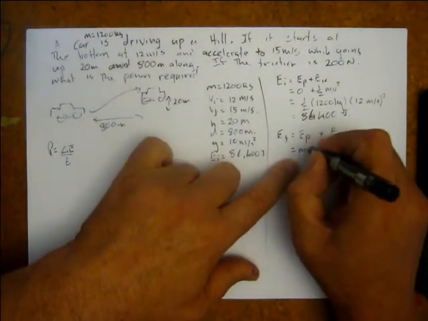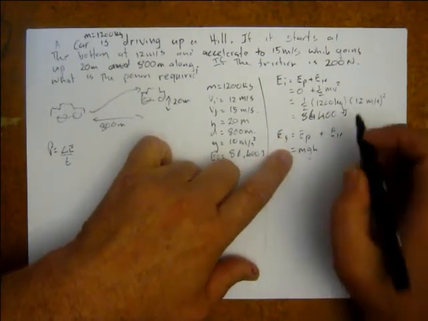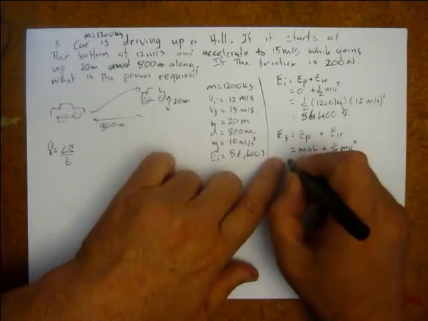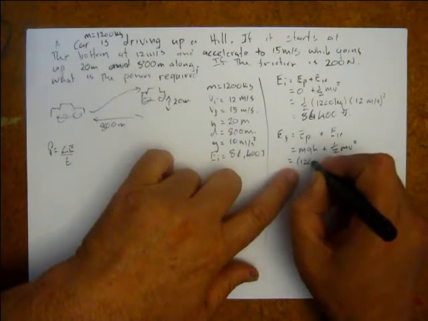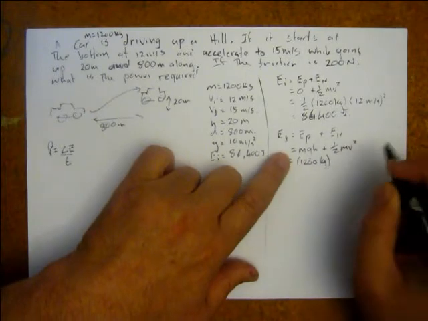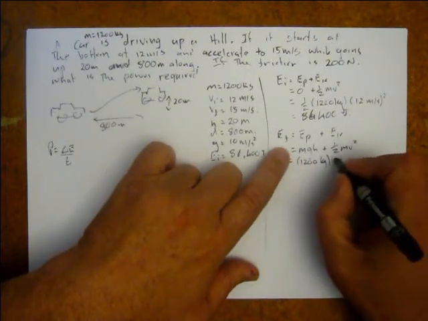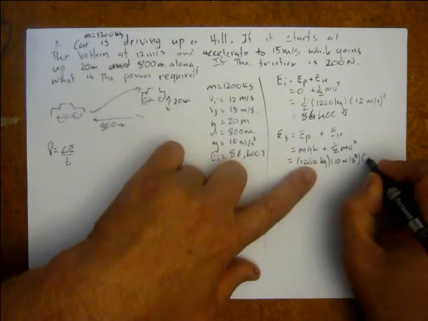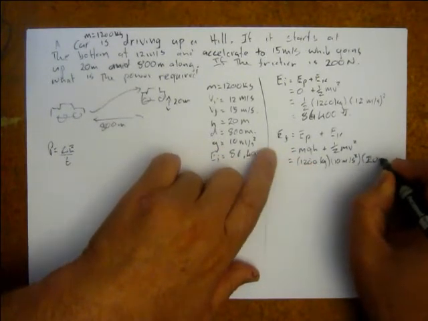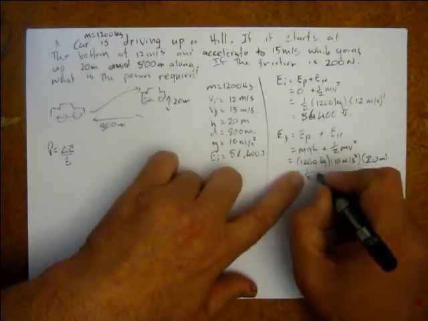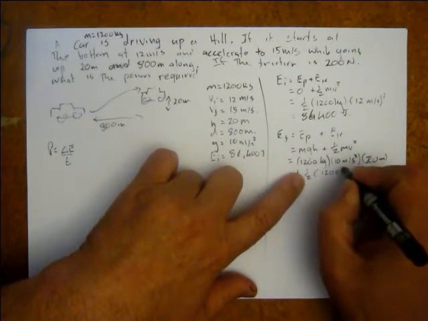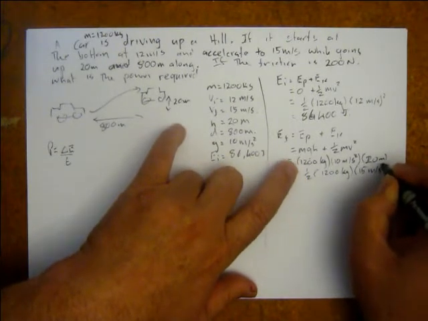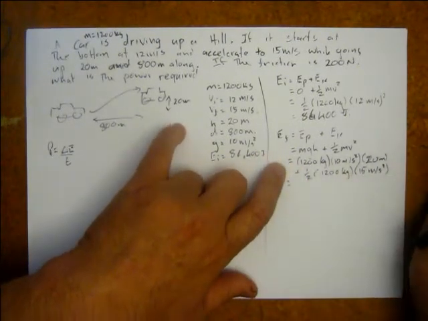In this case, it's gone up a hill, so 1200 kgs times 10 times 20 meters, plus half times 1200 kgs times 15 meters per second squared.